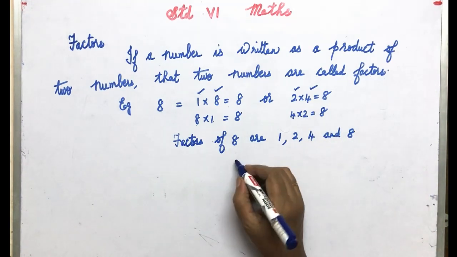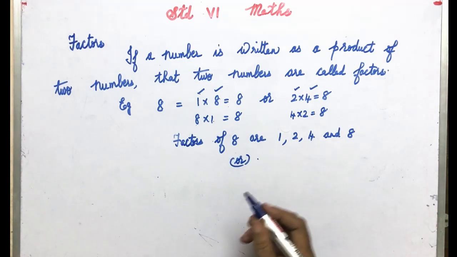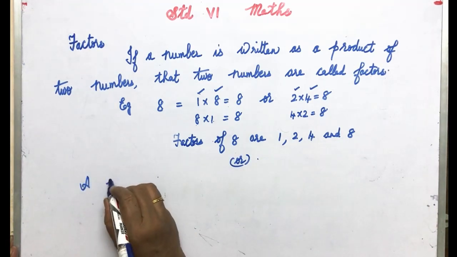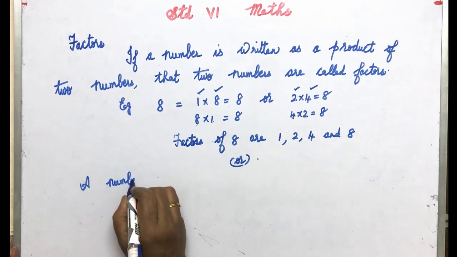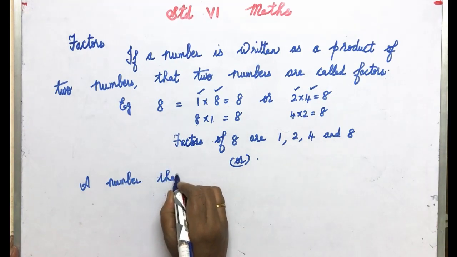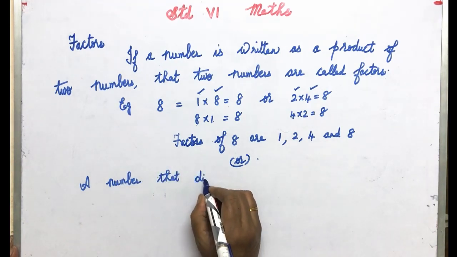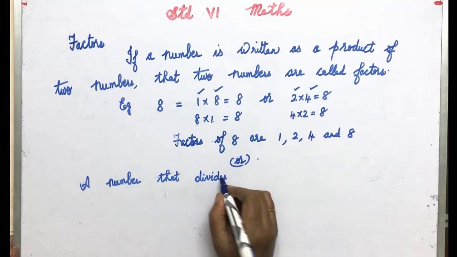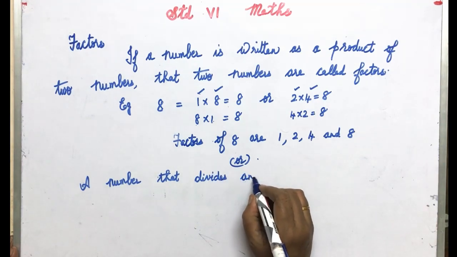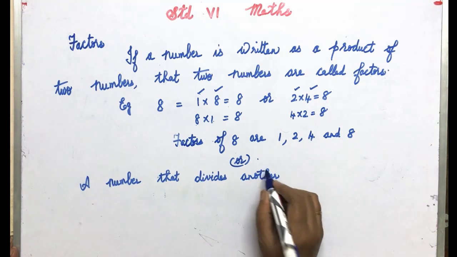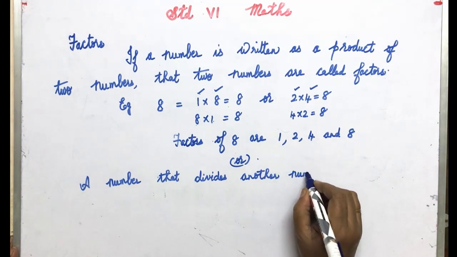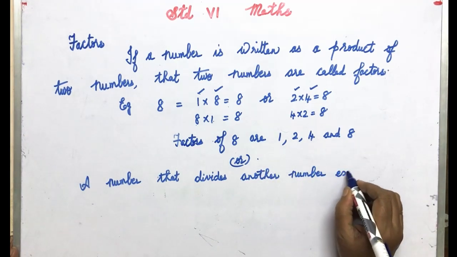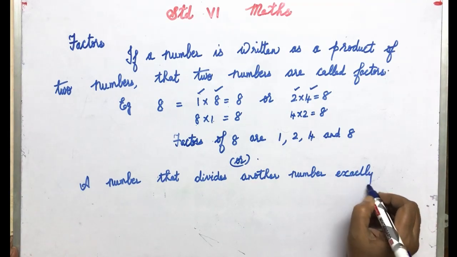Now, another definition we can say: a number that divides another number exactly is called a factor.